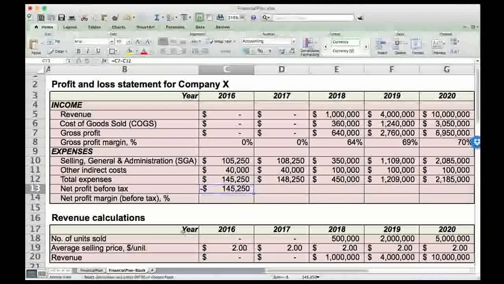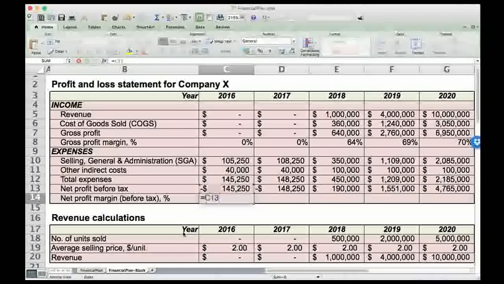So you would be making a loss in the first and second year because you don't have any revenue, and then you would make some money in 2018 and the profit would increase significantly in 2019 and 2020.